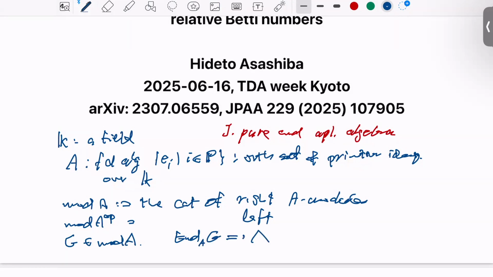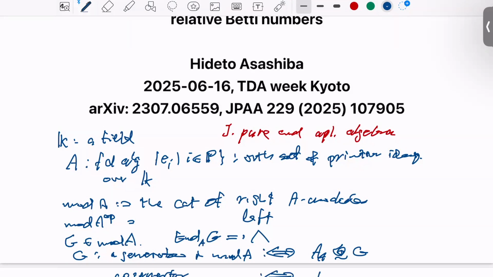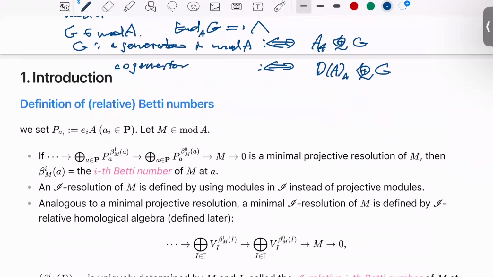G is called a generator if the algebra A itself is contained as a direct summand of G. And it is a cogenerator if the dual of A, as a right module, is contained as a direct summand of G. Now I let P be a finite set with elements 1_A up to 1_P.